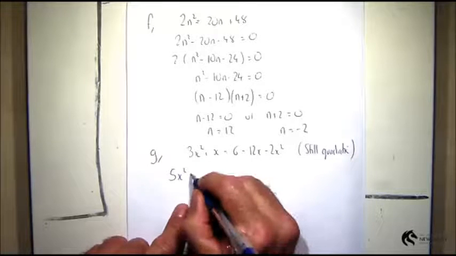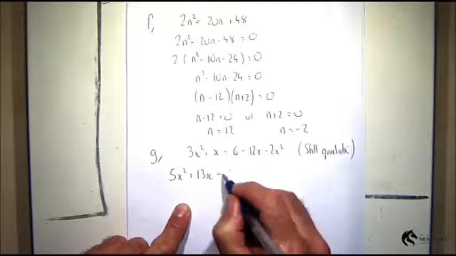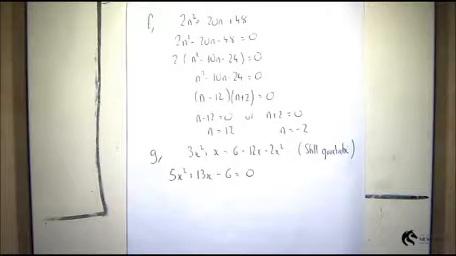So that's going to be plus 13x. And the only number I've got here is 6, so subtract that, and I'll have 5x squared plus 13x minus 6. And there it is now written as a quadratic trinomial equal to 0, and I should be able to, all being well, factorise that.